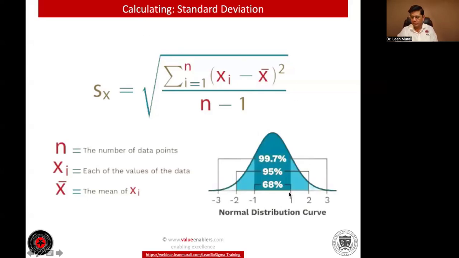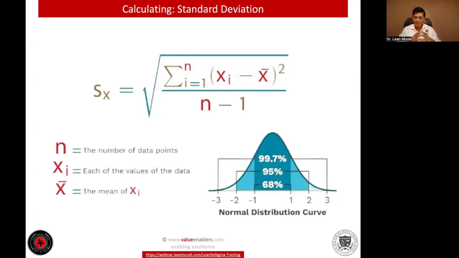And this distribution is called a normal distribution, or normal distribution curve, where it is statistically proven that plus or minus 1 standard deviation is applicable for any normal distribution. If you collect the data and calculate the standard deviation, you will find 68% of the data within plus or minus 1 standard deviation.